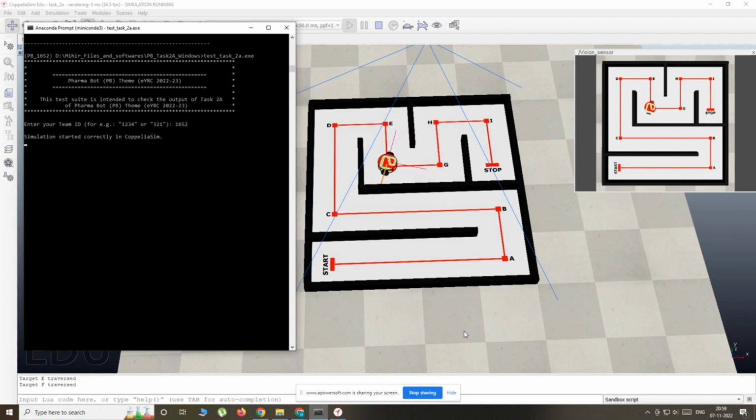The sensors could include cameras, LiDAR, or other types of sensors depending on the environment and the specific robot being used. As the robot moves along the path, the sensors would continuously collect data about its surroundings, such as the position of the path, the distance to obstacles, and the angle of the robot's movement.